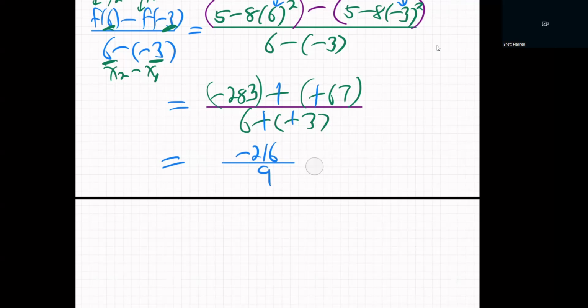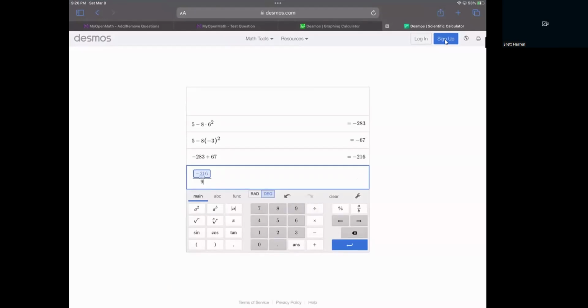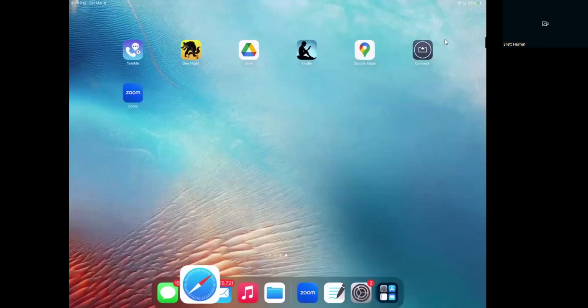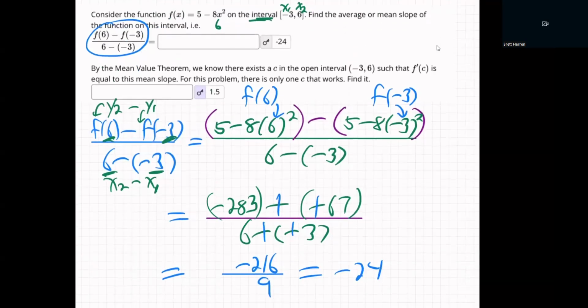Divide that on the calculator: minus 216 divided by 9, getting minus 24. And that's what they got in the first one. Boom. So that's the average slope over that interval.